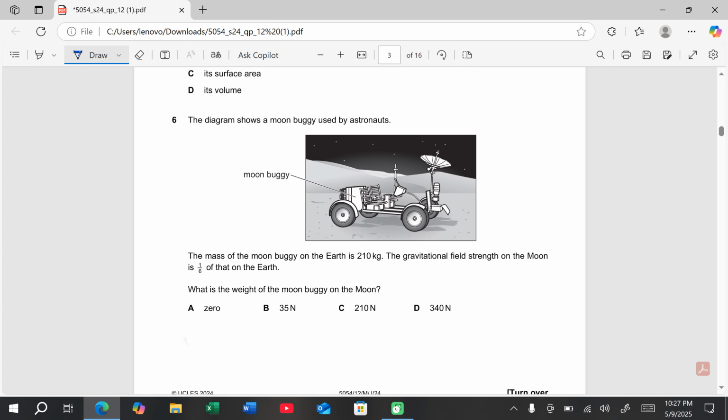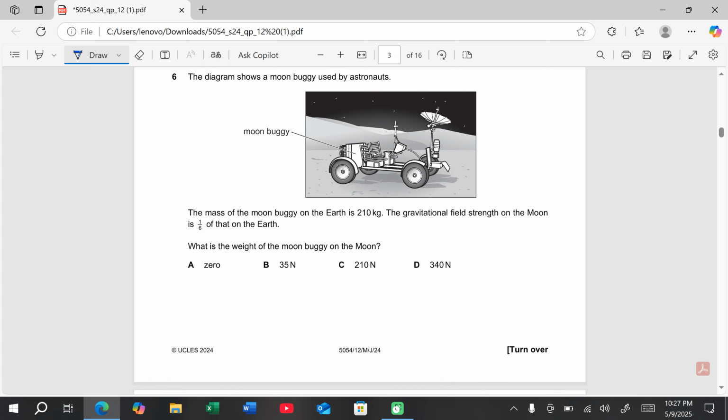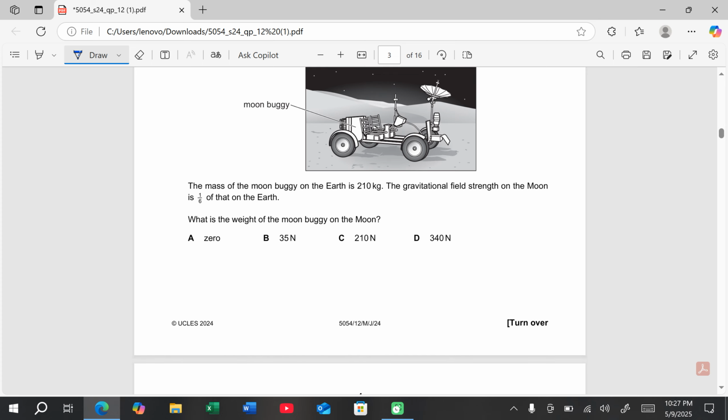The diagram shows a moon buggy used by astronauts. The mass of the moon buggy is 212. Gravitational field strength on the moon is 1/6 of that of Earth. What is the weight of the moon buggy on the moon?